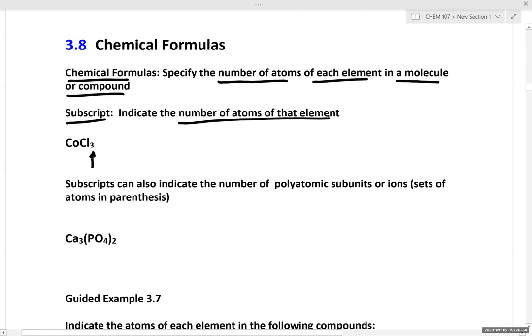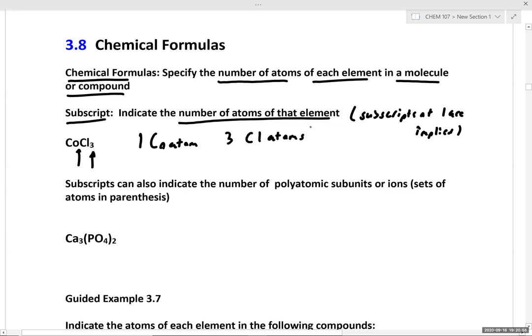So for example, CoCl3, we know that we have 1 cobalt atom. Note subscripts of 1 are implied. So we have 1 cobalt atom and 3 chlorine atoms because we have a subscript of 3 for chlorine. Does that make sense?